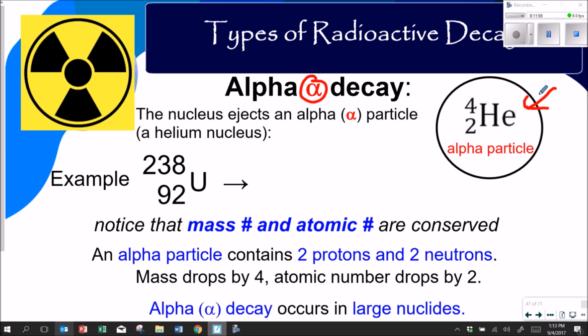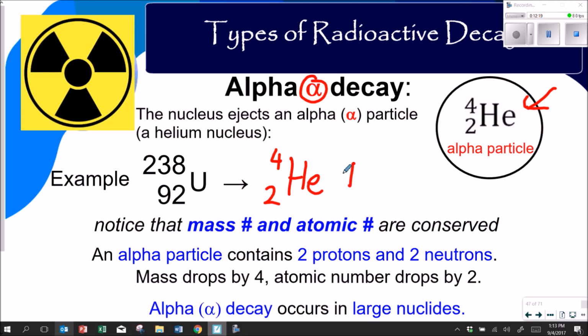When uranium-238 decays by alpha decay, it ejects an alpha particle. So we know that an alpha particle, He-4 with atomic number 2, will be ejected from the nucleus. Now we need to figure out which new element is also formed in this process.